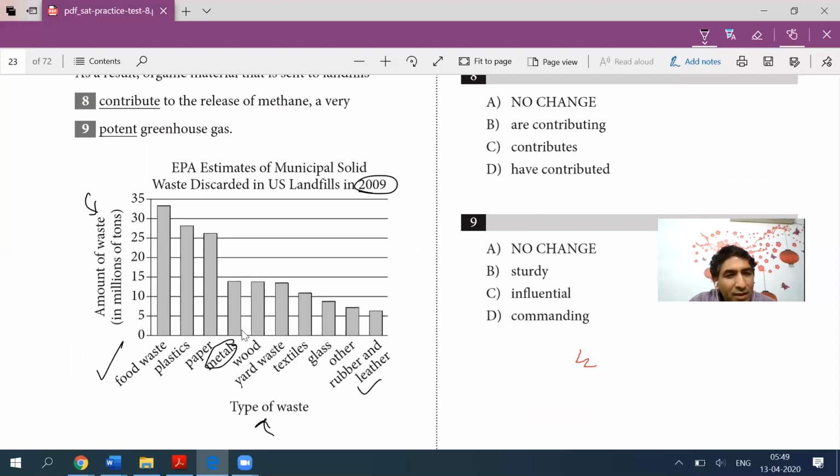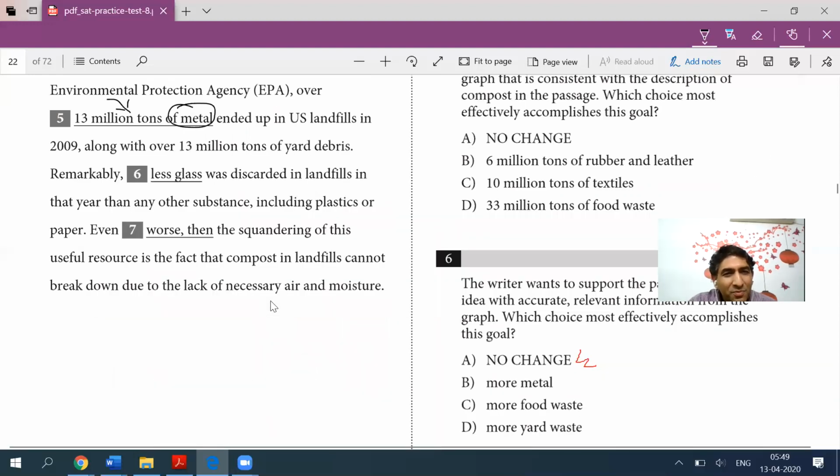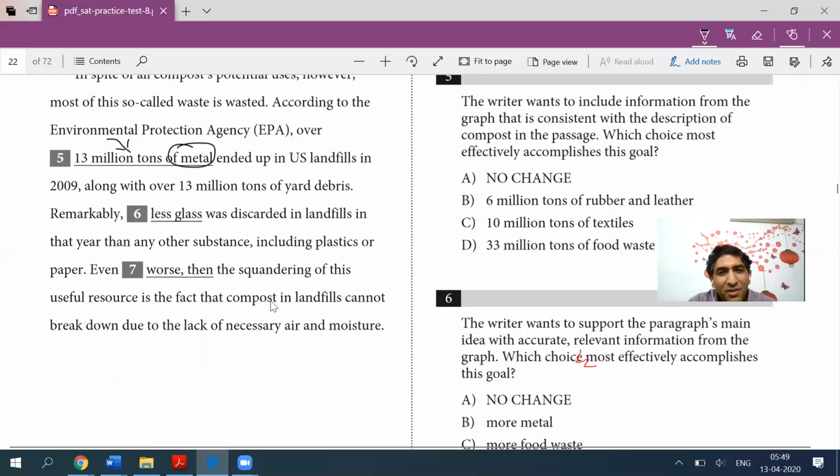So metal is almost equal. Yard waste is also 13, and this one is also 13. As you can see, this is 10, this is 15. So they are almost equal, which is this. So it seems to be right to me. Let me see. I don't have any other option.